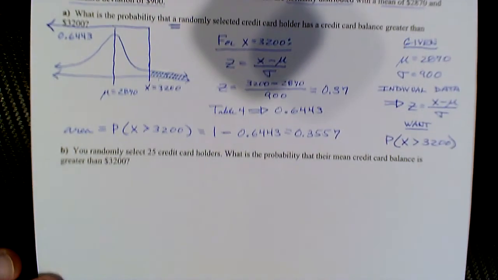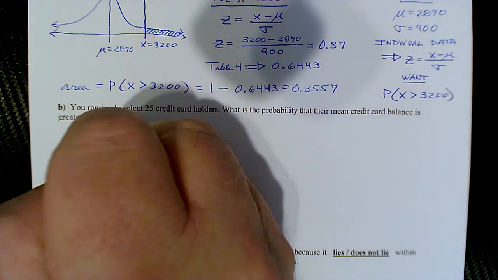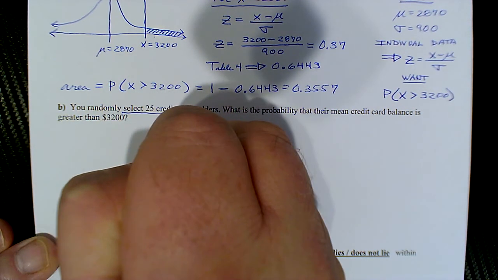Okay, so then the next part is we're randomly going to select 25 credit card holders.